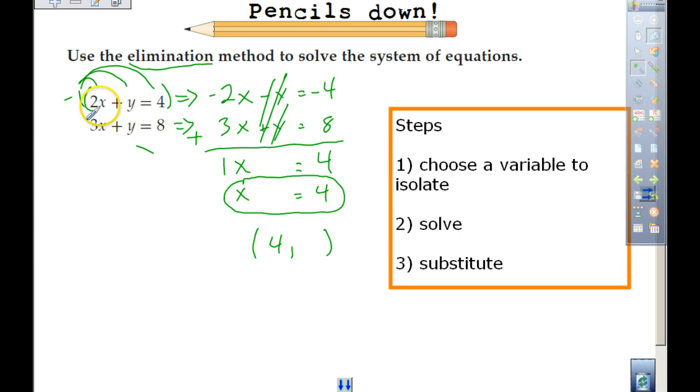So you can plug it into the top one, the original, or the bottom one, whatever you like. Pick one. I'm going to do both. So if I plug it into the top one, I'll get this. Eight plus what is positive 4. So y equals just negative 4 after you subtract 8 on both sides.